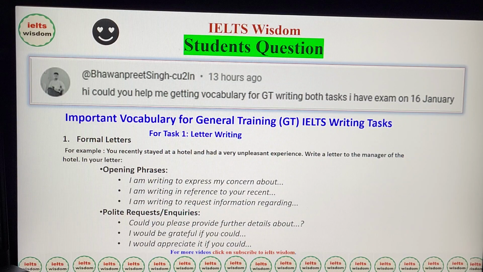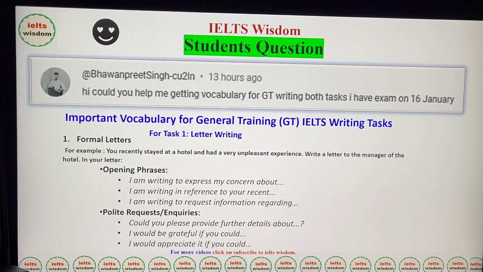I also covered task 2 for the essay writing, so there you get what things you need to keep in mind while sitting in the examination center and attempting your task 1 and task 2. So this is task 1 for general training students, the letter.